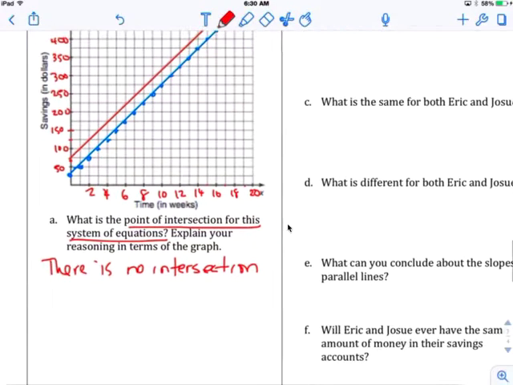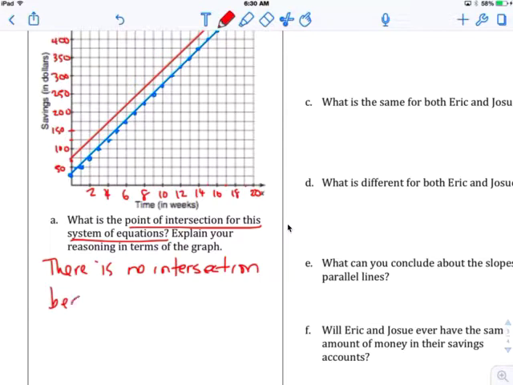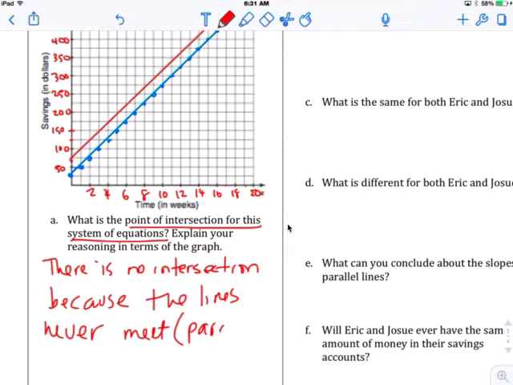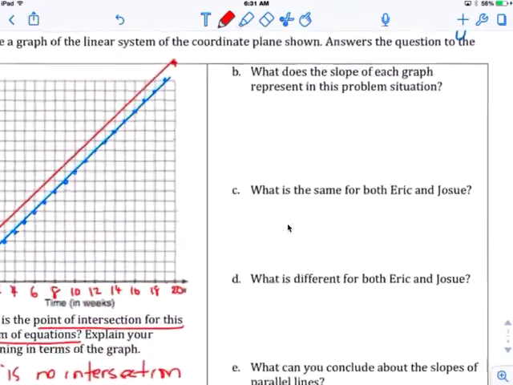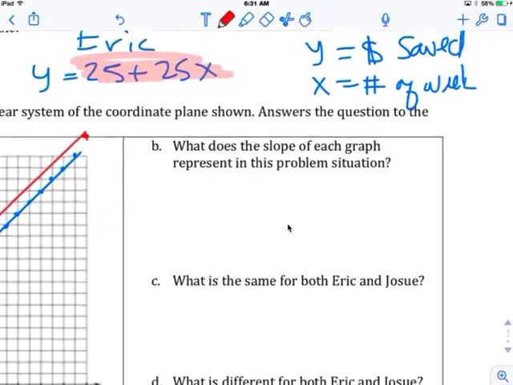Explain your reasoning, because these are called parallel lines, okay? The lines never meet. Only lines that never meet are parallel lines, okay? The lines are parallel because they never meet. Okay, what does the slope of the graph represent in this situation?